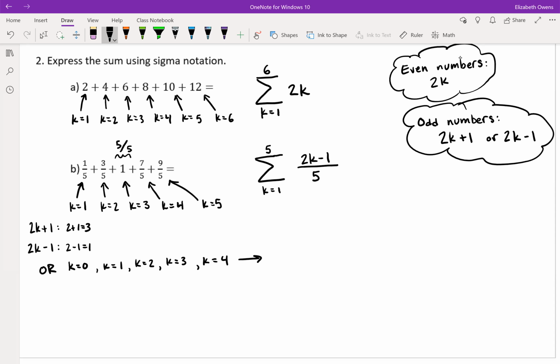So we could also write this as k equals 0 to 4, still keeping 5 as our denominator, but then what would the numerator be? So we still want those odd numbers.